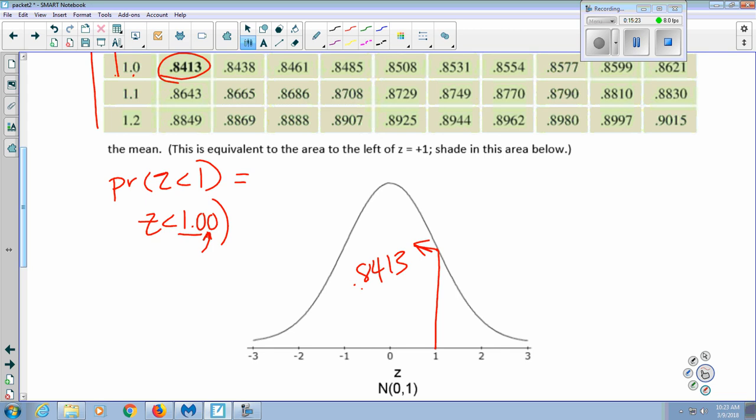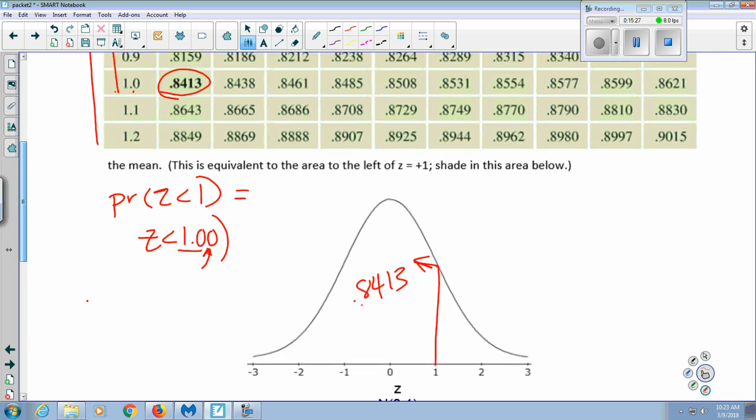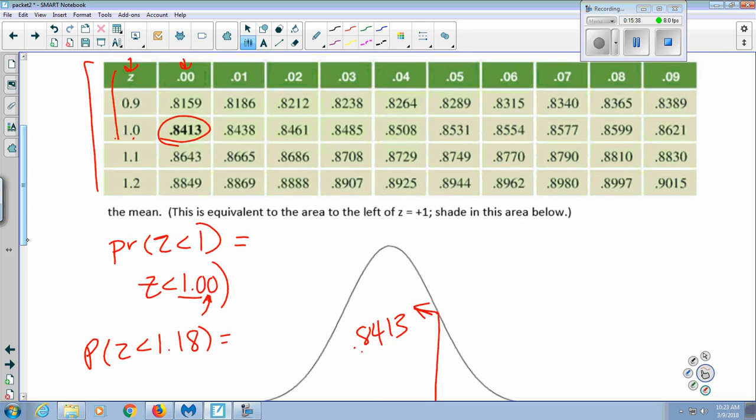If we wanted to find the probability that z was less than 1.18, we can do that on this table too. So we're going to use our z-score. Let me switch colors to blue. So 1.1, that didn't switch, now did it? 1.1, that's this part here.